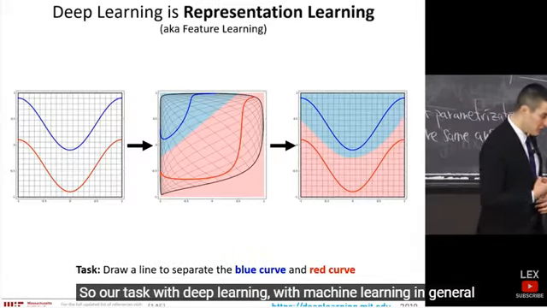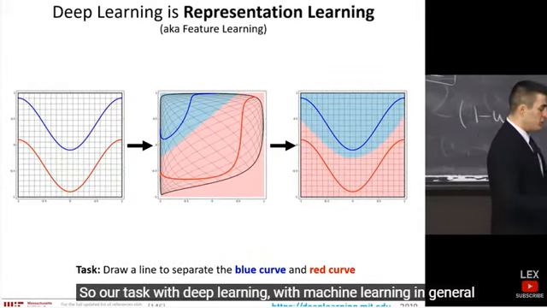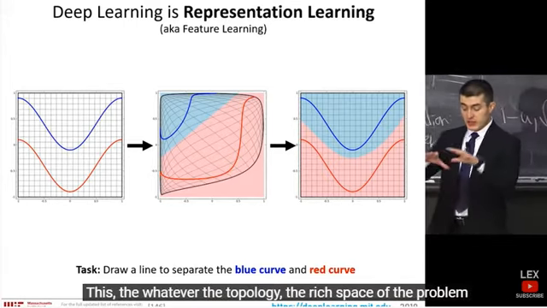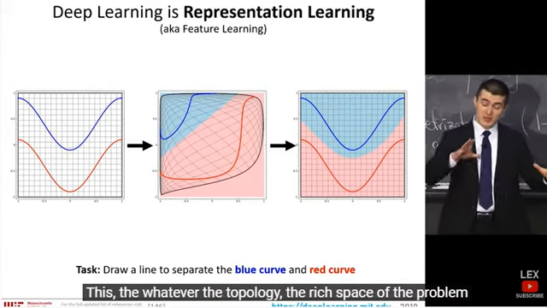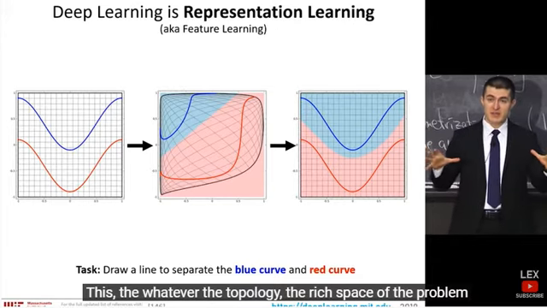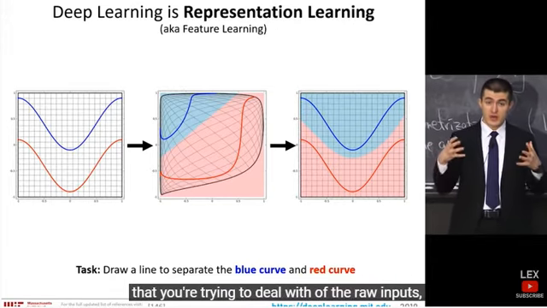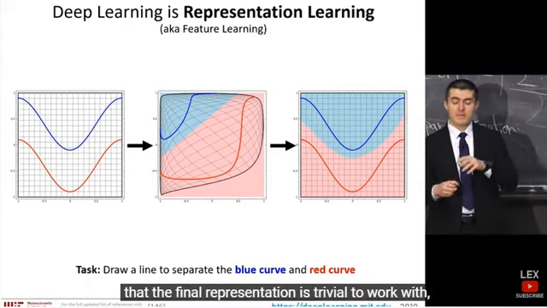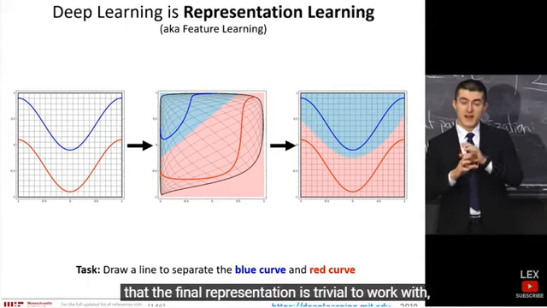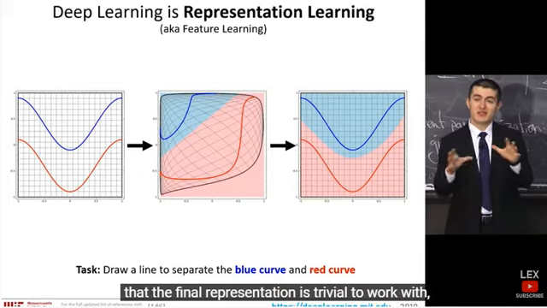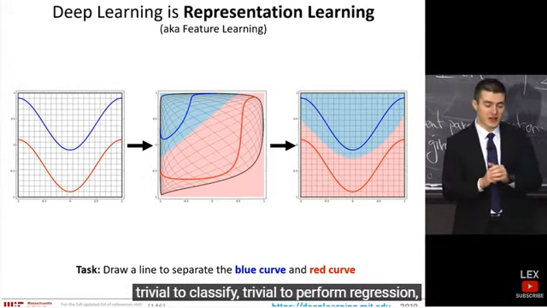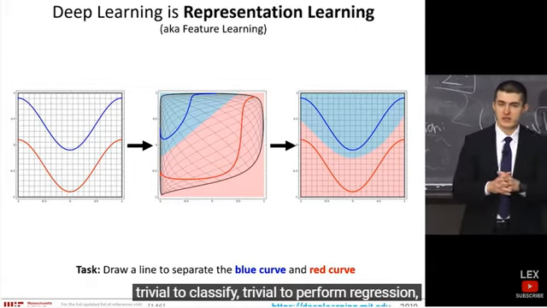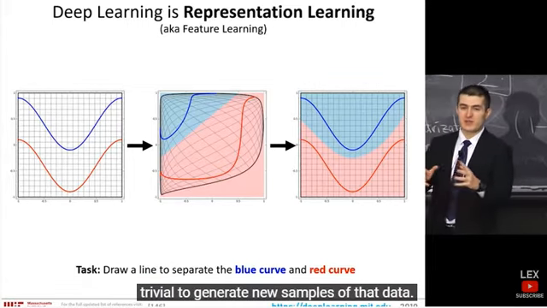So our task with deep learning, with machine learning in general, is forming representations that map the topology, whatever the topology, the rich space of the problem that you're trying to deal with, of the raw inputs, map it in such a way that the final representation is trivial to work with, trivial to classify, trivial to perform regression, trivial to generate new samples of that data.